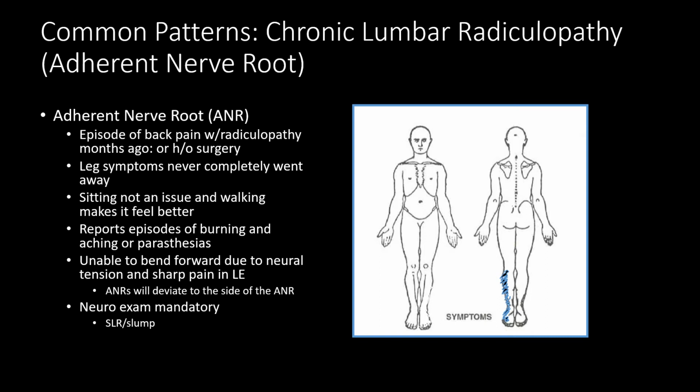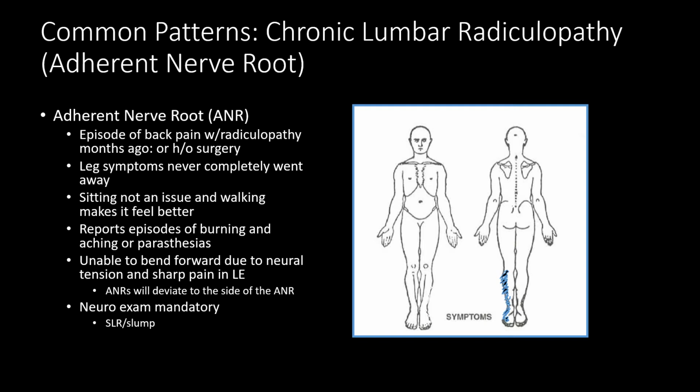They'll deviate toward that side to take tension off the nerve root. So when they flex forward, they'll deviate toward the left, and you may say that looks like an aberrant movement, right? But it really isn't. It's just related to the fact that when they bend forward, they've learned to shift toward the left a little bit to take tension off that nerve structure.